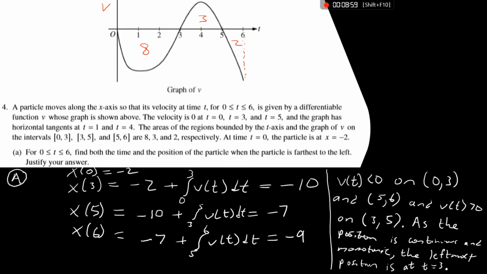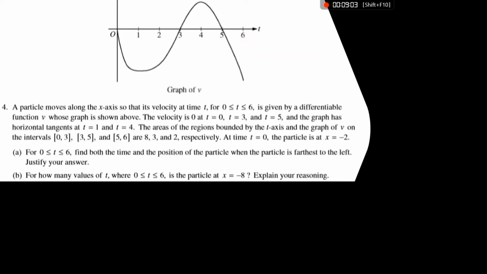Then I want to know how many values of t on 0 to 6 is the particle's position equal to negative 8? So we start from negative 2, and then we're going to negative 10.